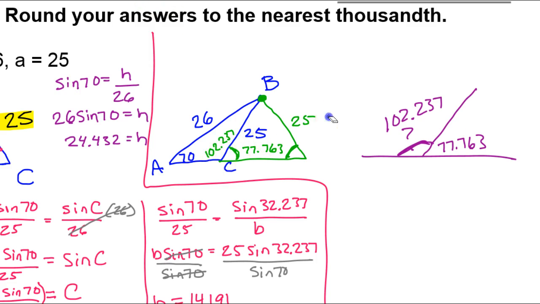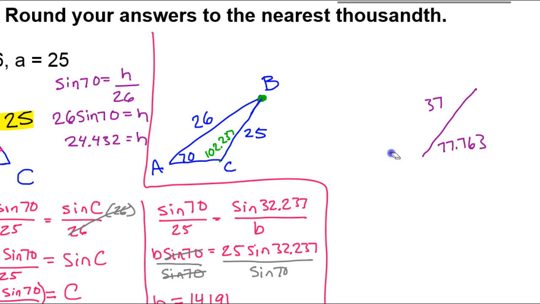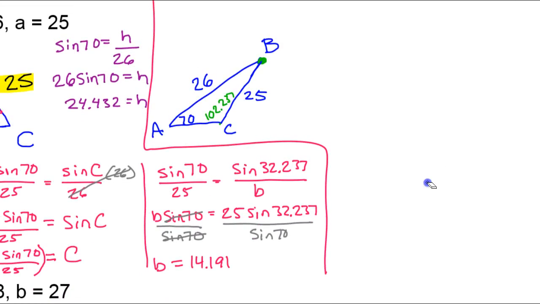Okay, now I'm actually going to go back and erase this because it's just in my way. Oh man, I went too far. Okay, can I draw this back again? Okay, now that we got that straight, we found the measure of angle C. Now we can find the other things pretty easily.